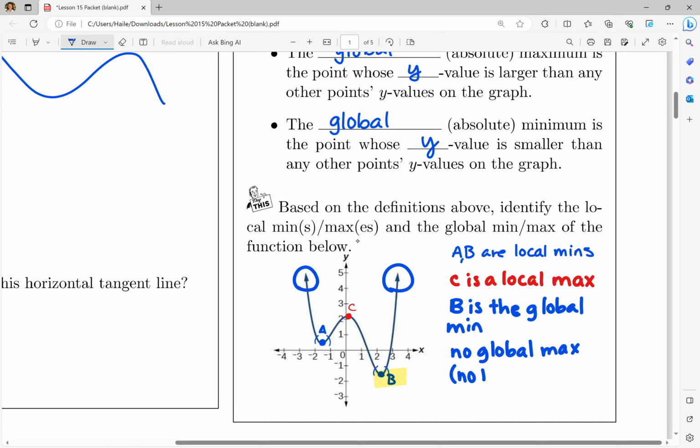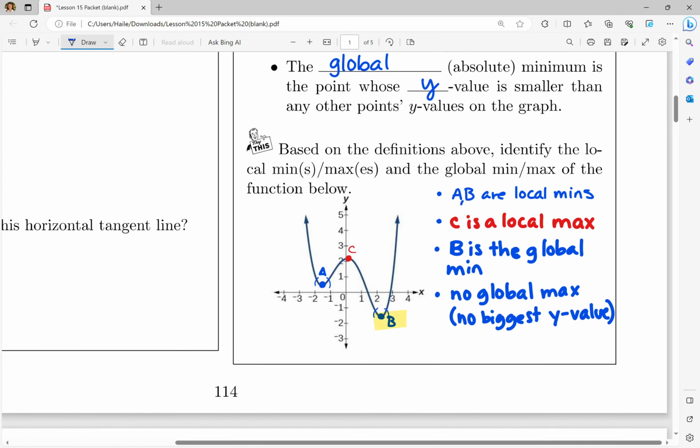So no biggest y value. Okay, so that's why we have no global max. All right, so hopefully that makes the definitions make just a touch more sense. But it is important to consider the visual aspect to these definitions as we go through the examples.